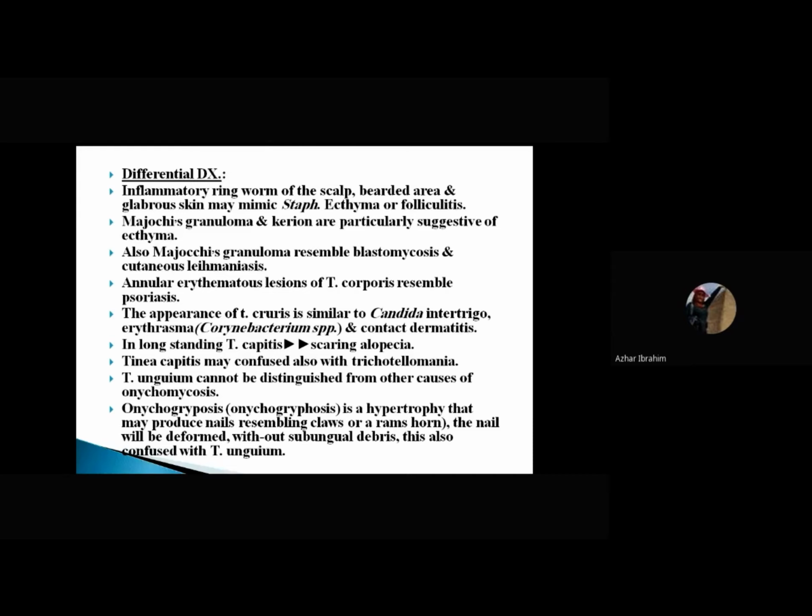This is the meaning of onychogryphosis, or gryphosis. It is a hypertrophy that may produce nails resembling claws or ram's horns, the horn of the sheep, so it looks like horny claws. You will see this in the future in dermatology, which we consider preliminary lectures to dermatology, that you will take in the fifth year, inshallah. So the nail resembles claws or a ram's horn, which is referred to as onychogryphosis.